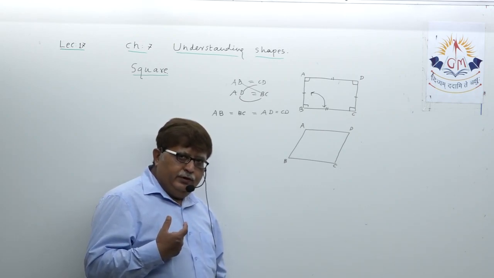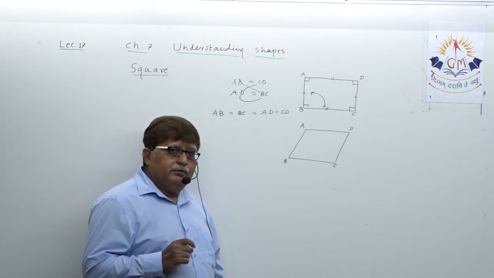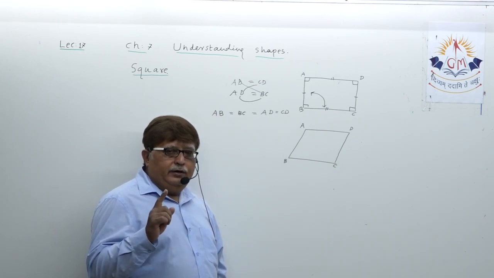It became a square. So when can you say that a rectangle becomes a square?